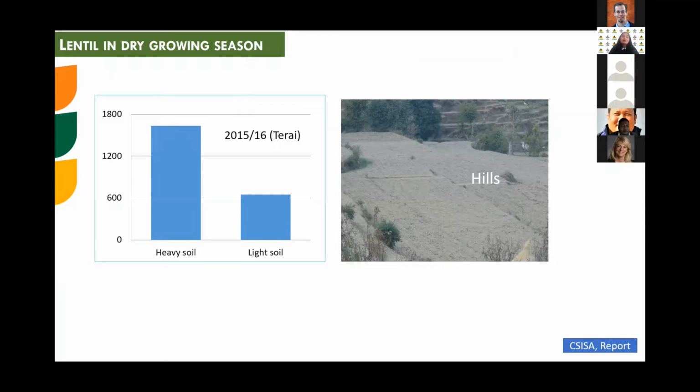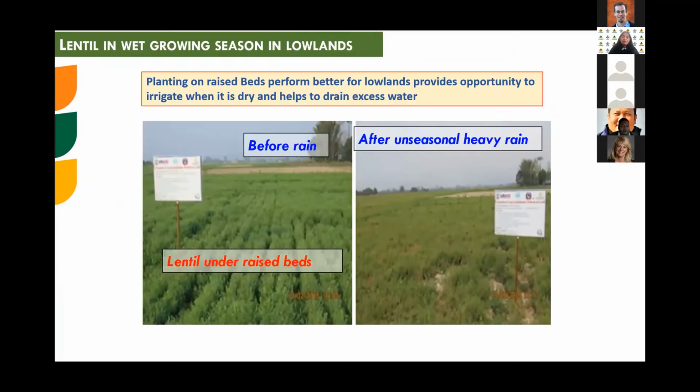Again, the innovation we were working on, raised bed planting, can perform better for lowlands, as it provides an opportunity to irrigate when it is dry and helps to drain excess water when there is more water. But the climatic condition was not always favorable. This is our lentil field. You can see fantastic lentil growing on the raised bed.